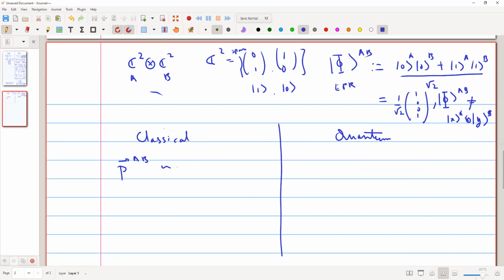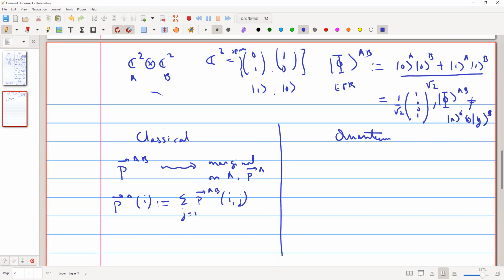Now, from here, I want to talk of what is the marginal on A, right? And normally it is denoted by PA. And what is the definition of PA? So the probability given by PA on the sample point i is defined to be the summation over j, right?